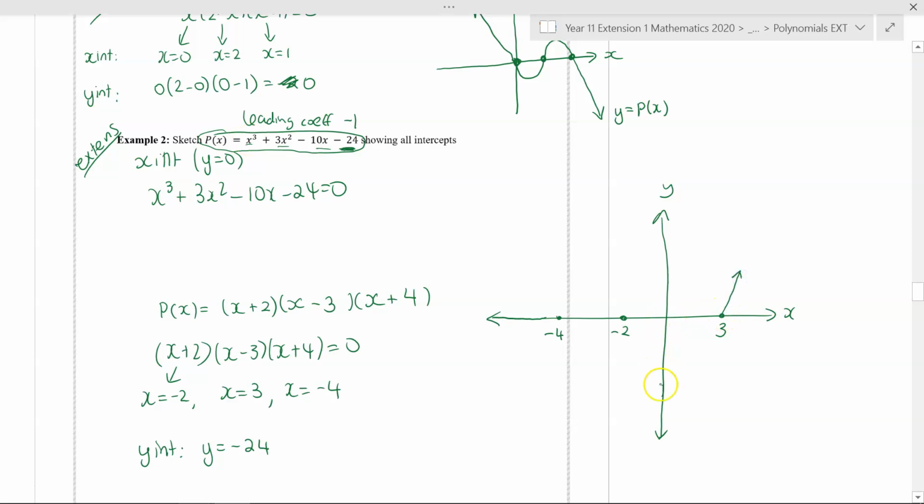I also know the y-intercept is negative 24, so that's somewhere down here. And now I'll make my cubic. A lot of people will try and join that and make negative 24 the bottom, but in fact it's not. We want to go a little bit further, somewhere roughly halfway between minus 2 and 3. It won't be exactly, you'll find out when we do calculus. Create my cubic and label.